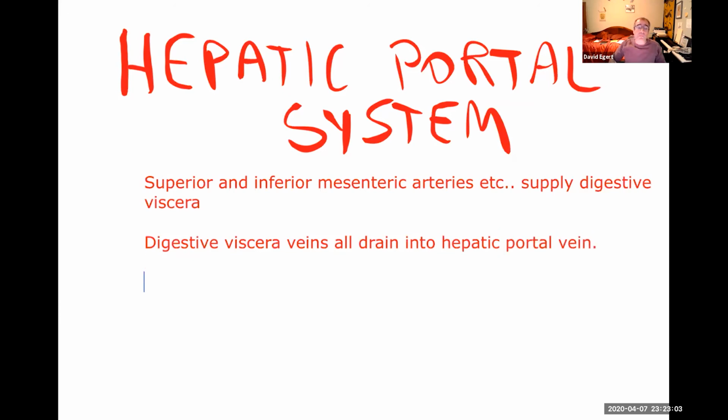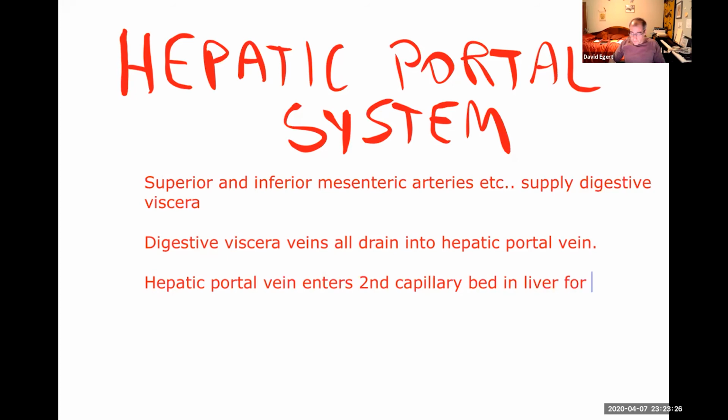And that hepatic portal vein then drains into a second capillary bed in the liver. And then after you are done with that, that second capillary bed drains into the hepatic vein.